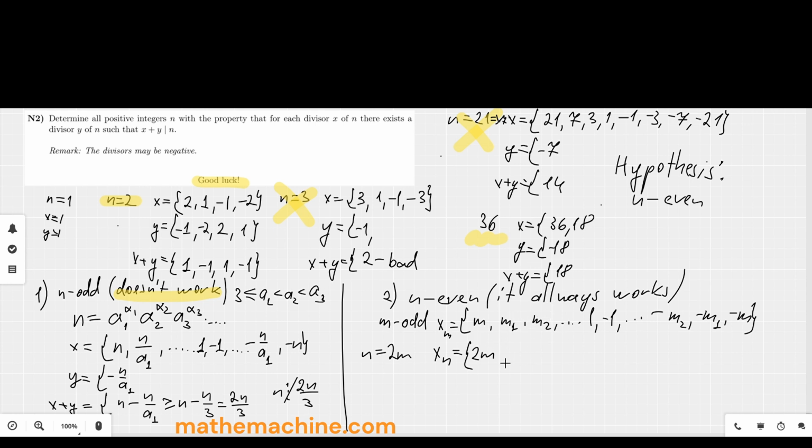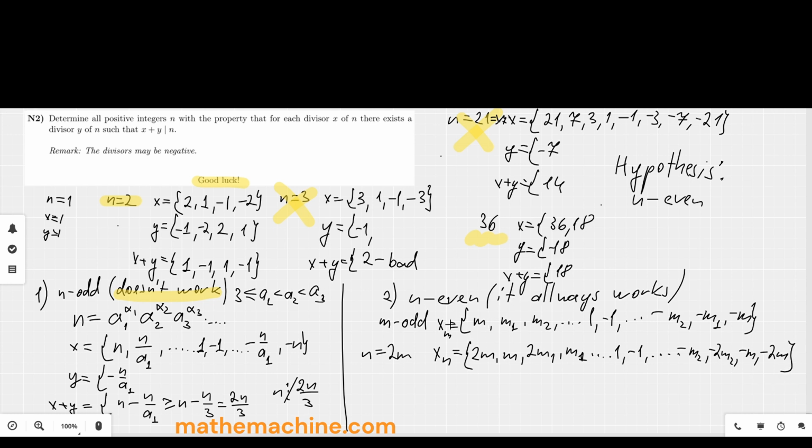So when multiplying by 2, they come exactly in this order: 2m, then m, then 2m1, which is not going to be greater than m, then m1, and so on. It doesn't really matter if it arranges this way. And so on, 1, minus 1, then negative m2, negative 2m2, negative m, negative 2m.